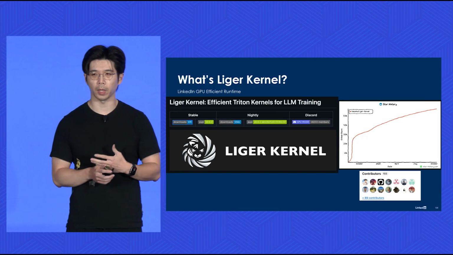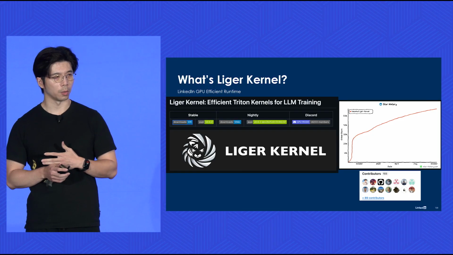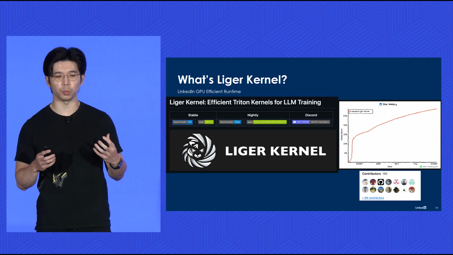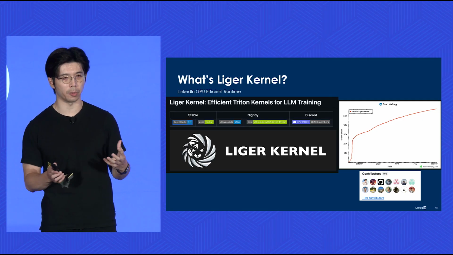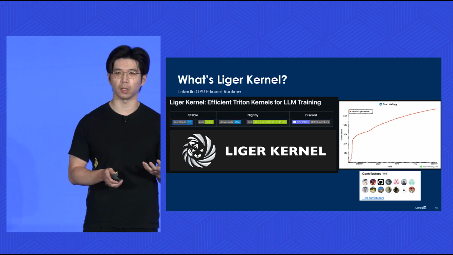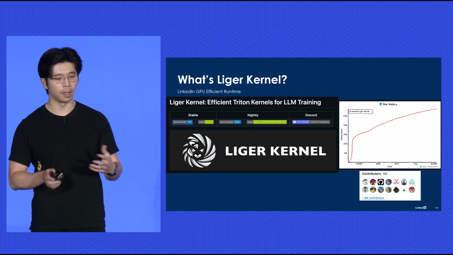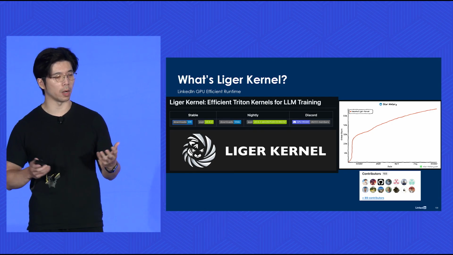In the community, we have over 100 contributors so far. It's really critical to shout out that this is a collaborative effort throughout the whole community. For LinkedIn contributors, we only constitute maybe 30% of the total, and lots of the contributors are from all around the world.